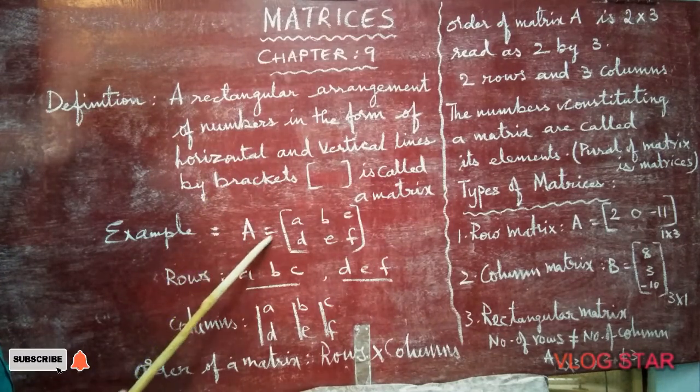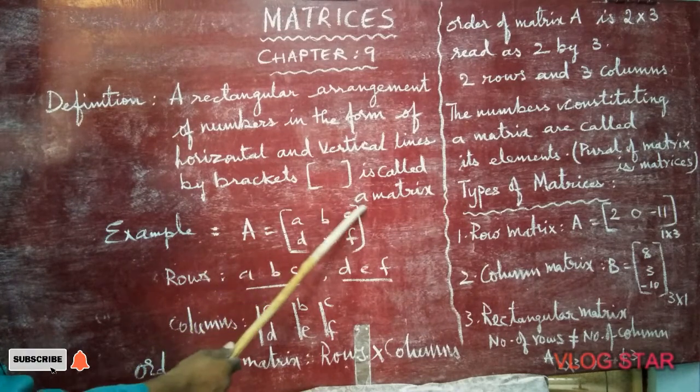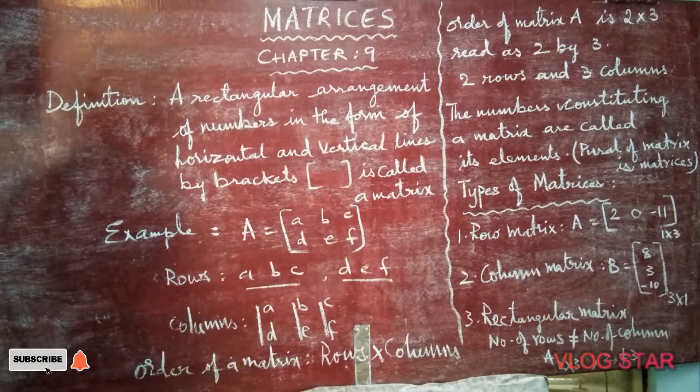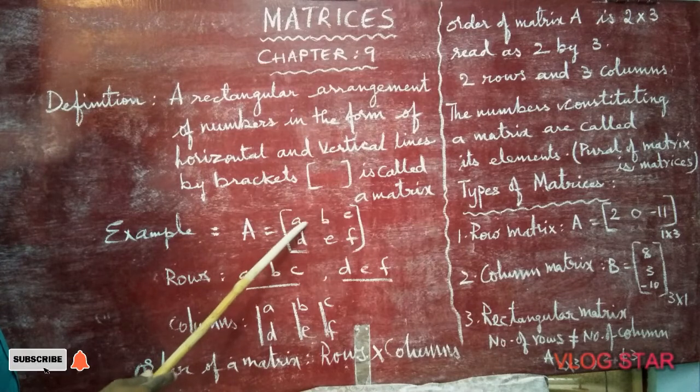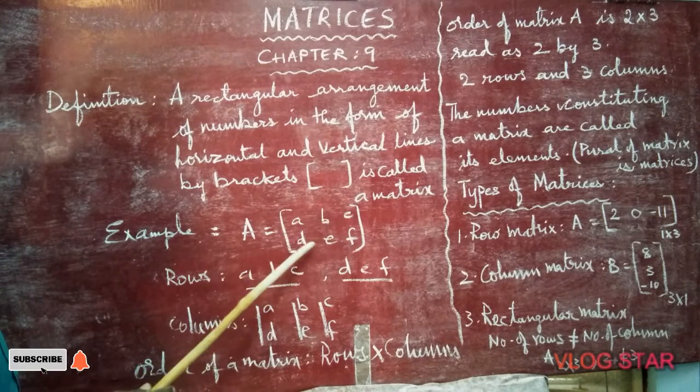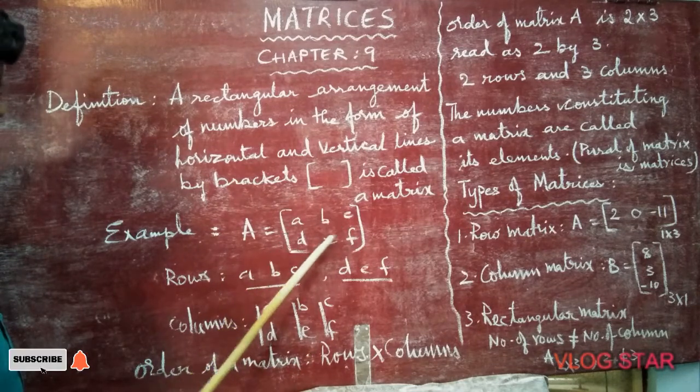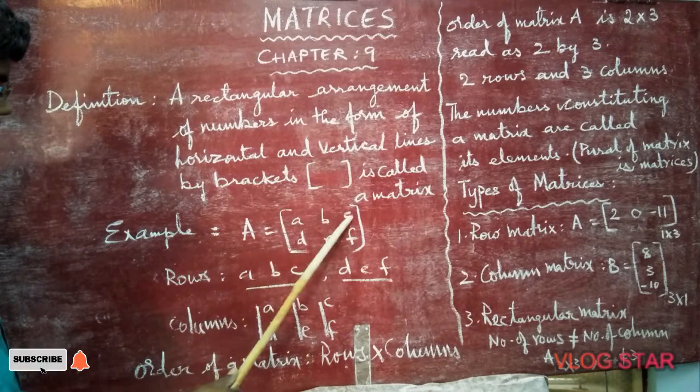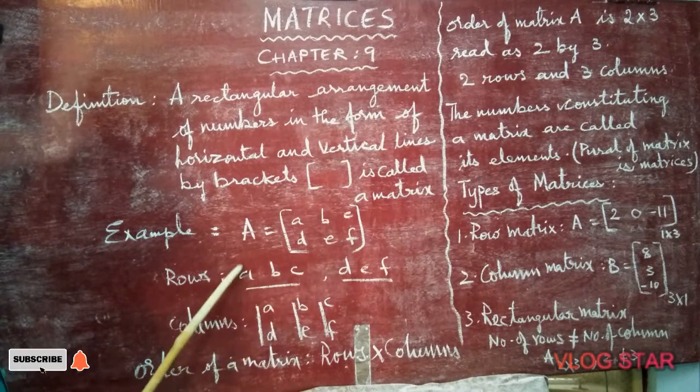A is equal to, this is the symbol for a matrix, in square brackets. We will read it in this form: A, B, C, D, E, F. These are called rows, first row, second row. So in this matrix two rows are there. What is the first row?